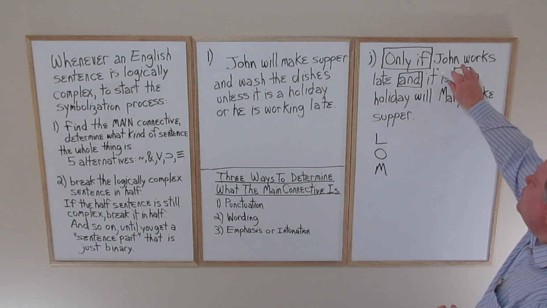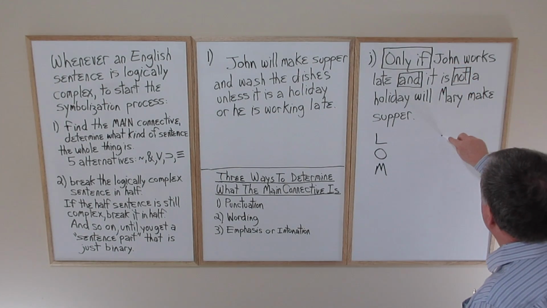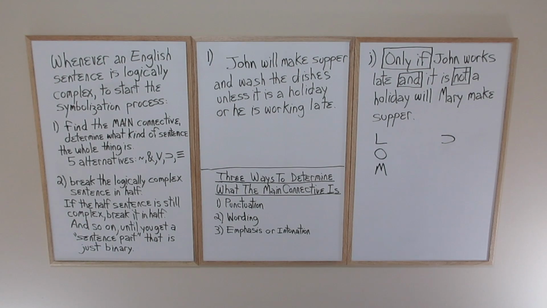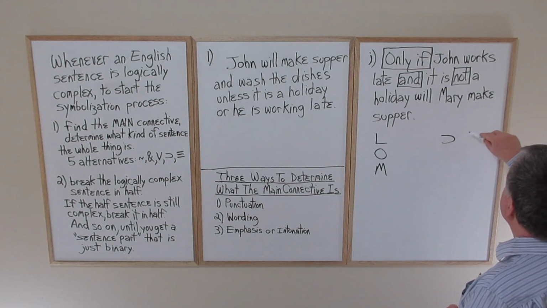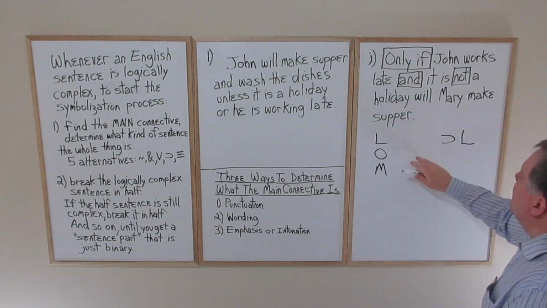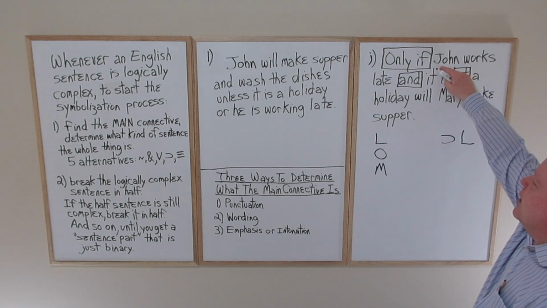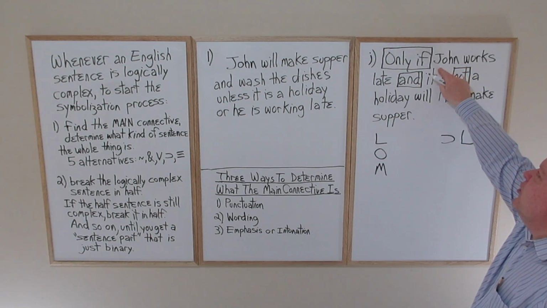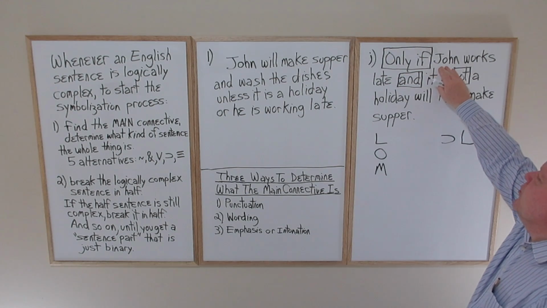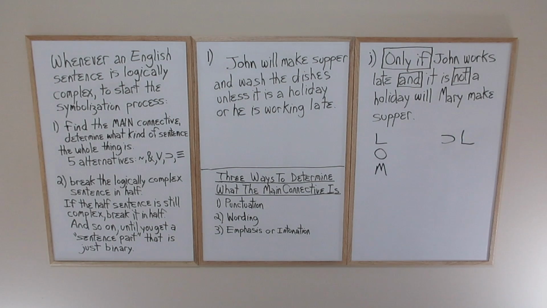Suppose we tried the first one. Only if, so we've got John works late. So that's L. The antecedent of the conditional would then be the sentence indicated by the words, and it is not a holiday, will Mary make supper? Again, doesn't make sense. That's what tells us that the sentence immediately after the only if isn't just the simple sentence, John works late.